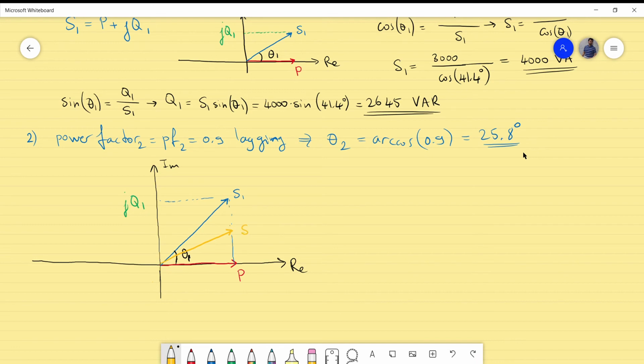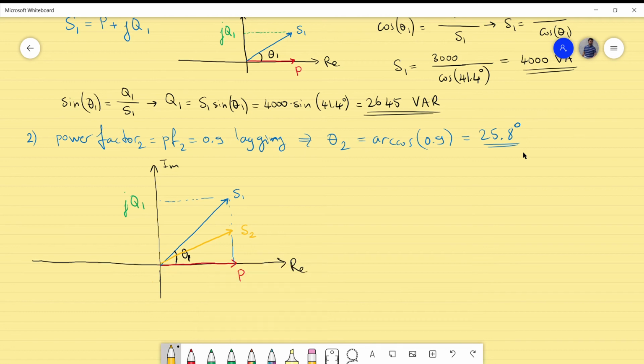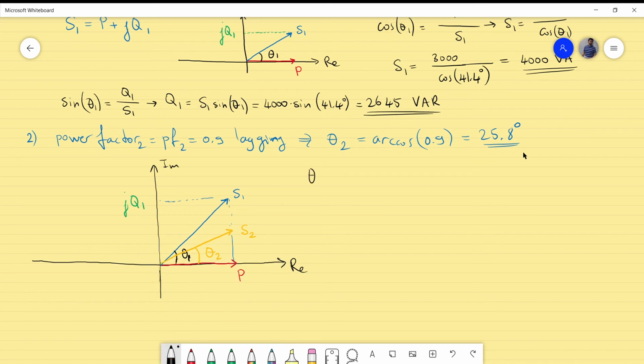So this is the new one, and this new phase here will be theta 2. So what is theta 2? Let's calculate that. Theta 2 must be 25.8 degrees.